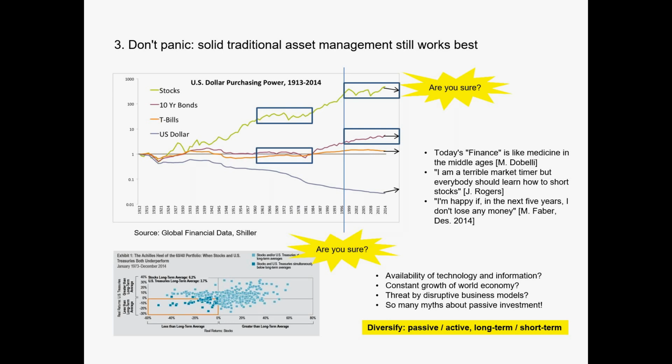I found this from Schiller. The markets as measured in US dollar purchasing power, and there you see the absolute stock chart looks fabulous, but in US dollar purchasing power, it's relatively flat.